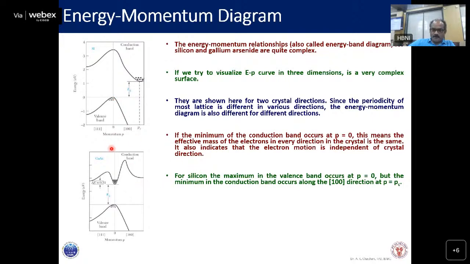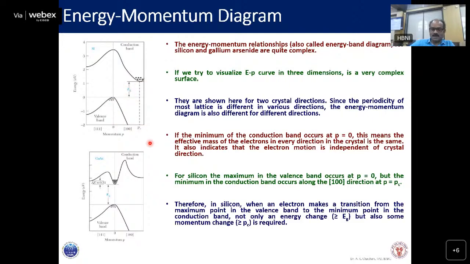If you want to make a transition of an electron from this point to this point, you would need to give this much energy, which is very high, but the band gap energy is only this much, Eg.